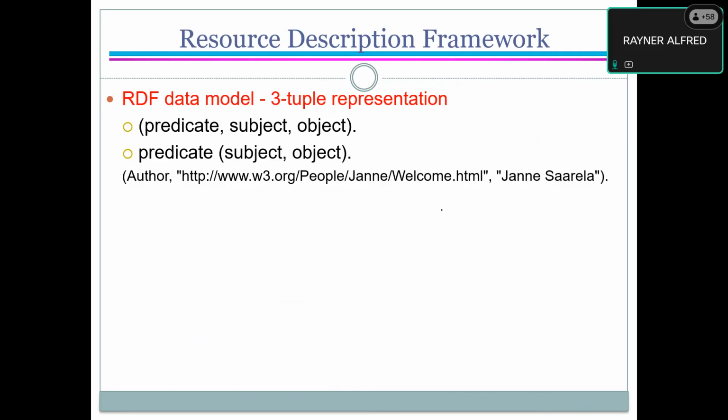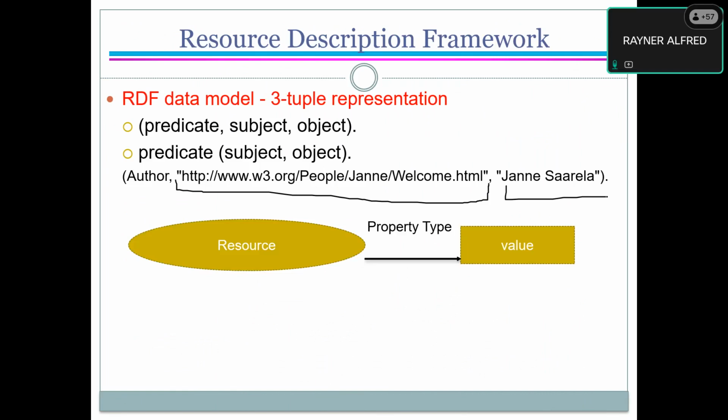For example, the author of this document is Jane Sarella. Okay? So how do we define this in the RDF? We have the resource here. This is your resource, and this is your property, and this is your value.